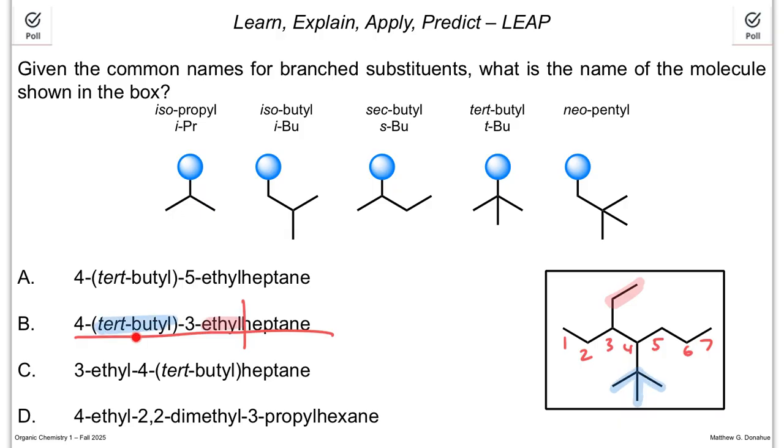So again, notice that we don't consider the T as part of the alphabetical requirement. It's the B. So B is before the E. Again, notice that in terms of that ordering, these numbers they don't play a factor.